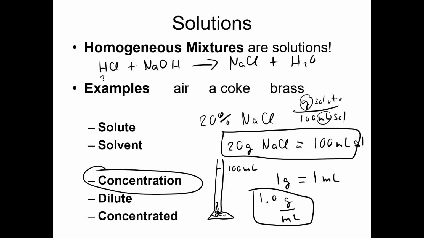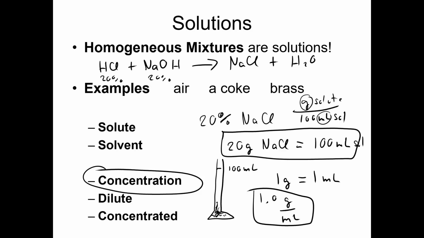And if I had a 20% solution of hydrochloric acid and a 20% solution of sodium hydroxide, adding 100 milliliters of each does not necessarily neutralize that solution, okay? Because we need to look at the number of moles, because if we do one mole of hydrochloric acid, it's going to need exactly 1 mole of sodium hydroxide. So what we use is molarity, and I'll talk about that here in a second.